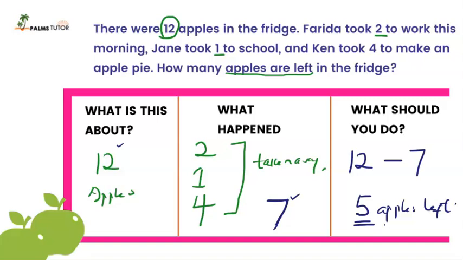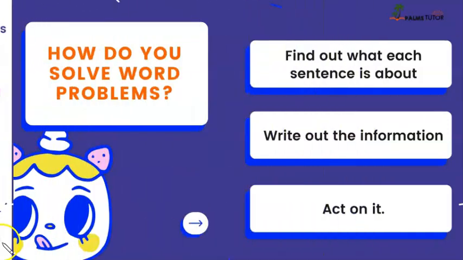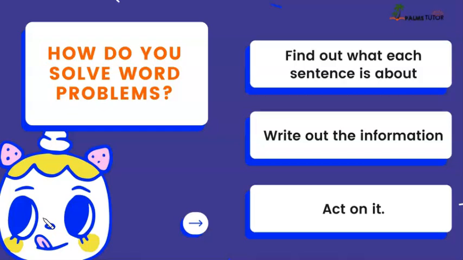So it's all about you reading your sentences and understanding what it is that you are required to do. So you can see from my examples that we've found out what each sentence is about. I wrote out the information and then I acted on it. Okay? These are the simple steps to solving word problems.